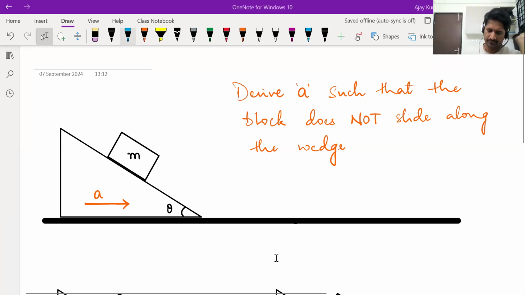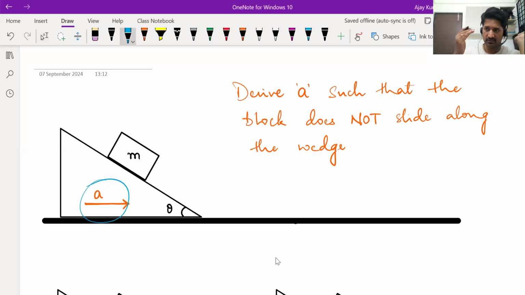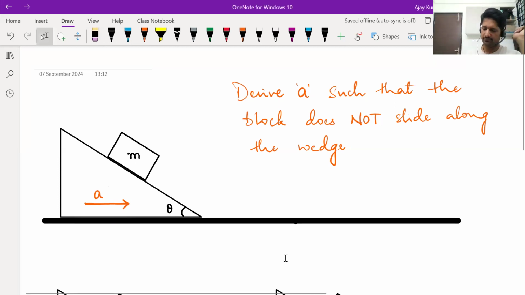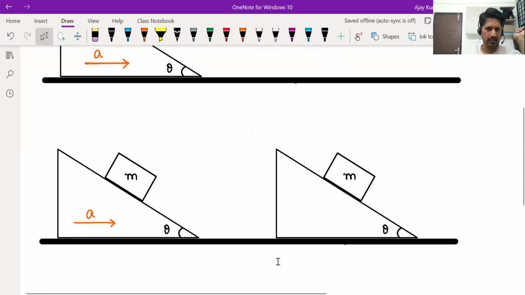The question is about the acceleration of the wedge which can support the block at that level. As seen from ground, this is what should happen. The wedge should go forward. The block should not slide on the wedge, so it stays at that same level. That means the block has to go along with the wedge. Relative motion should not be there between the block and the wedge.